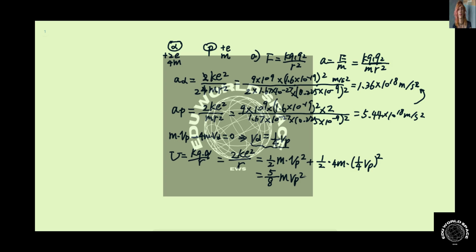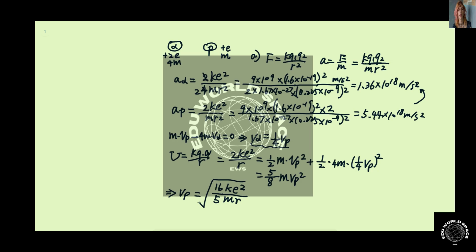From this we will be able to find v proton, because we can rearrange it so that we have v proton equals the square root of 16 over 5 times k e squared over m r.